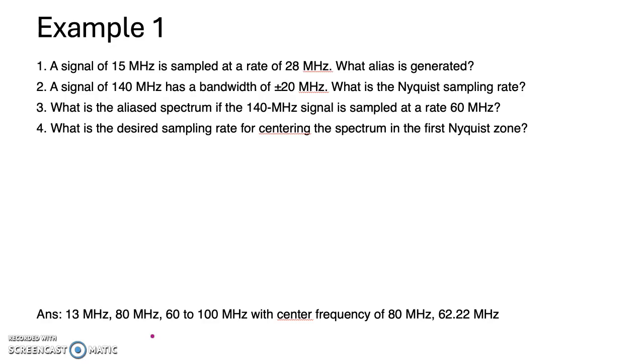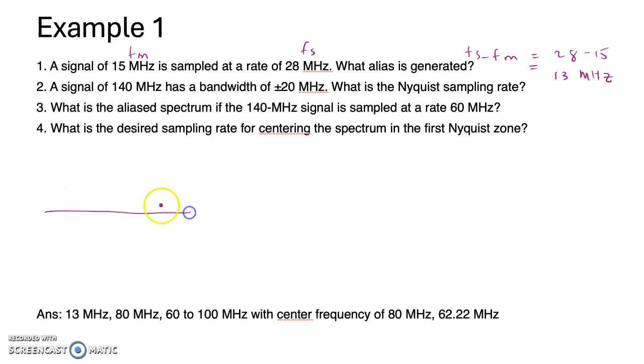So let's go over an example. A signal of 15 megahertz is sampled at a rate of 28 megahertz. So this is FM and this is FS. It's asking us what alias is generated. This is easy. We just take FS minus FM, which is 28 minus 15, and this gives us an alias at 13 megahertz.